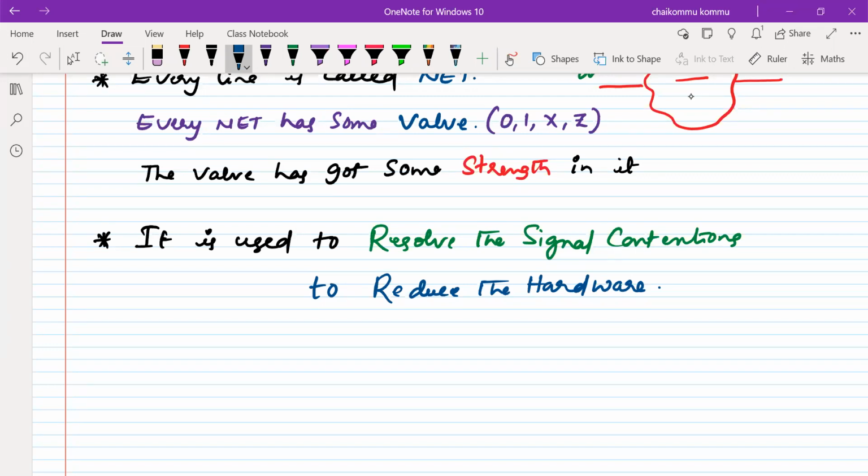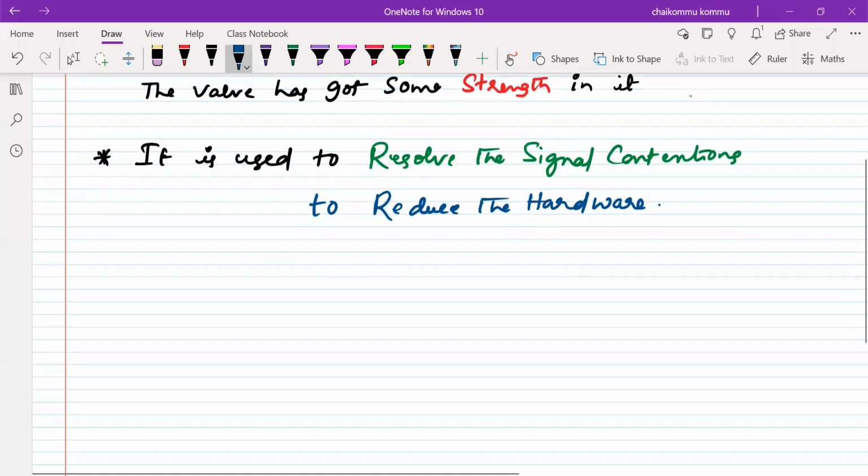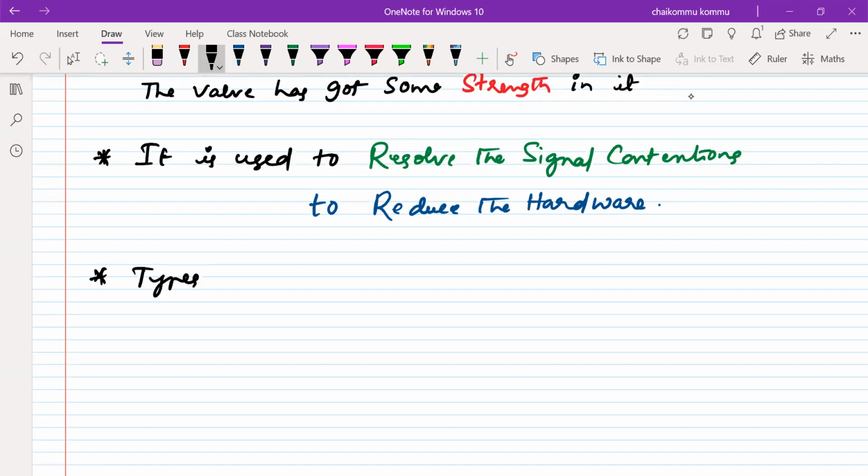I will tell you that one. This is why we are using the signal strengths. First of all, what are the different strengths that are available in Verilog? Let us consider the types of signal strengths.